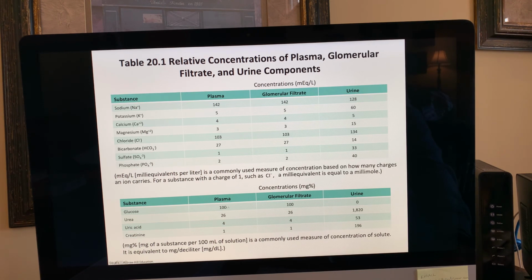So the concentrations are the same, but in the urine, you have normally no glucose, because all of the glucose, which your body is going to use as a fuel source, is reabsorbed through the nephron. So none of it is lost in the urine, which is why normally you do not have glucose or amino acids produced in the urine, because all of those that are filtered out into the capsule are reabsorbed through the nephron.